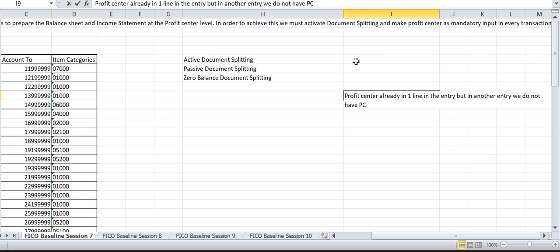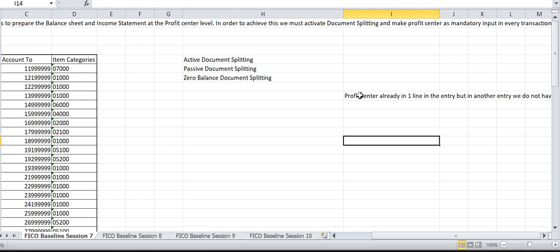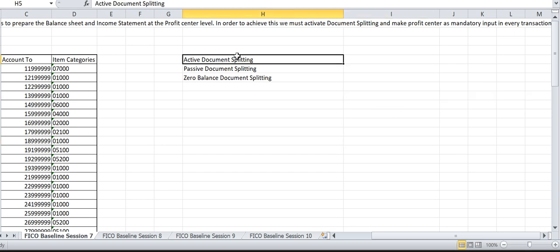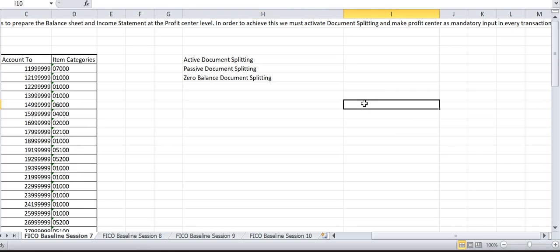In the line which does not have a profit center, the profit center will be inherited from the line which has the profit center. Got it? This is what we call active document splitting. Coming to passive document splitting, it means the profit center is not available in any line.